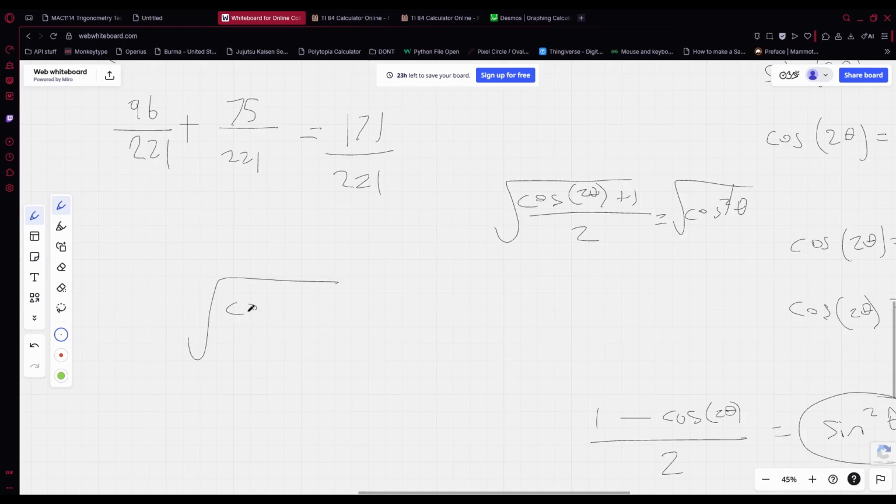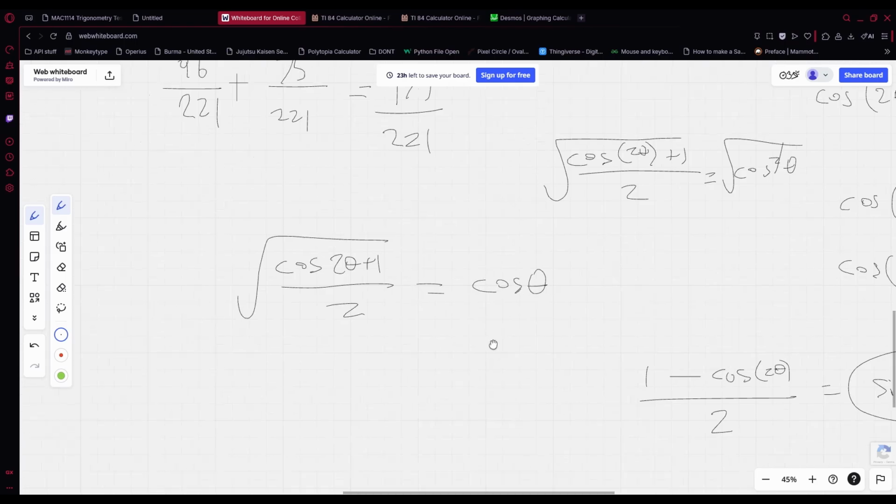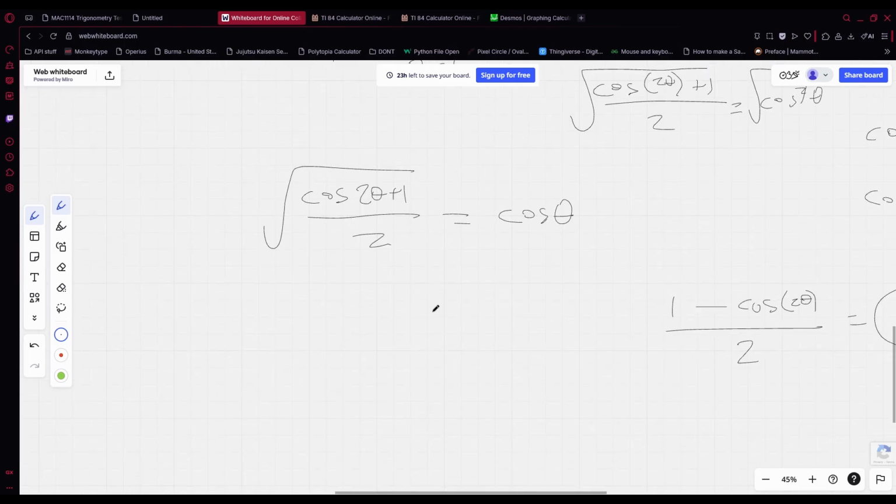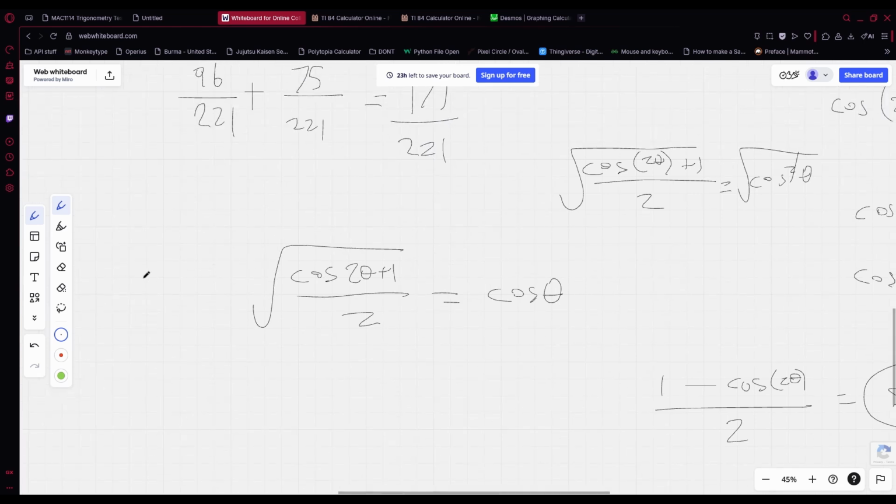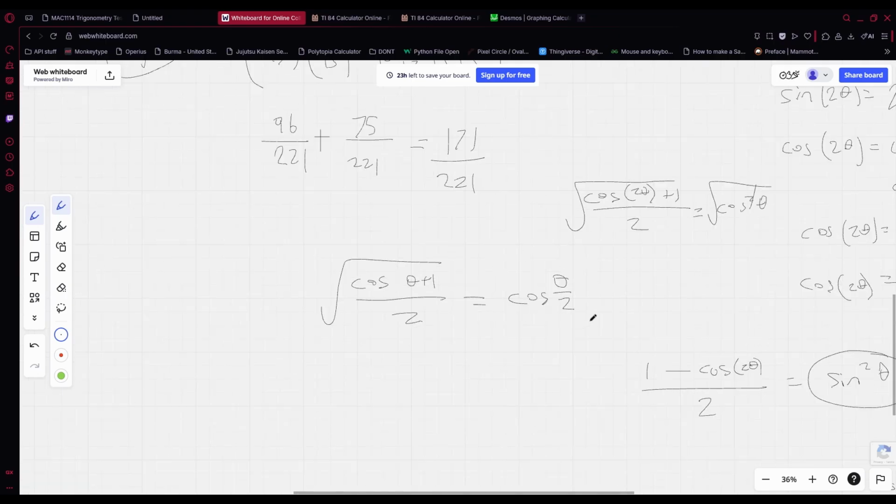Square root of cosine 2 theta plus 1 over 2 is equal to cosine theta. Now divide theta by 2, and you just have the half angle formula. Now isn't that wonderful?